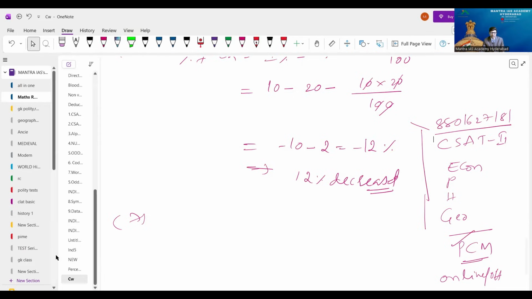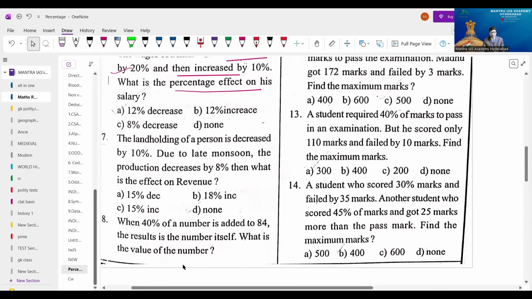Now, 7th question here. Observe the point here. The land holding of a person decreased by 10 and due to late monsoon, it decreases 2 times here. Right? Because land area decreased and ultimately production also decreased. So what is the application here? Definitely revenue will decrease. How much percentage?